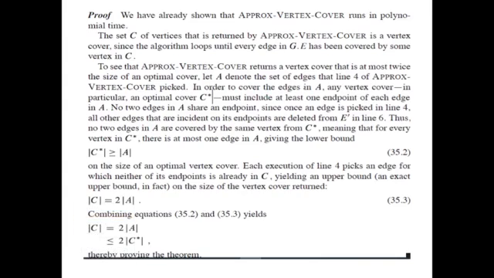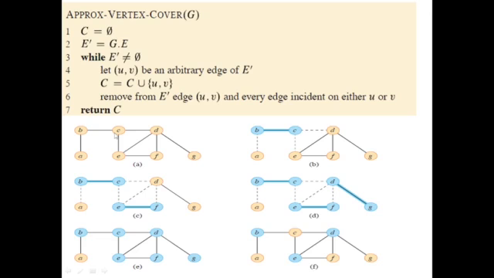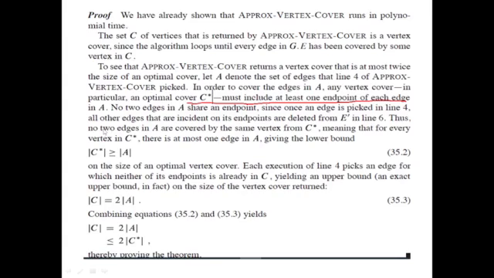In order to cover the edges in A, any vertex cover, in particular an optimal cover C star, must include at least one endpoint of each edge in A. Now let us see what A is. What is A, capital A?